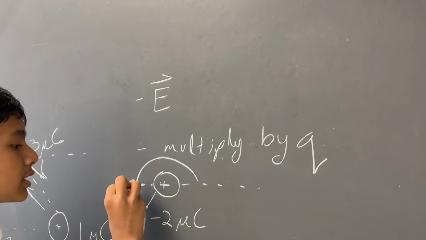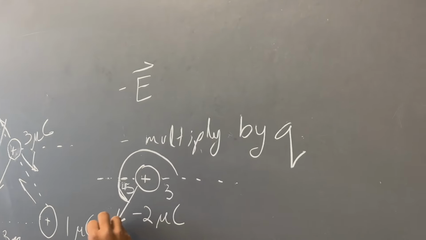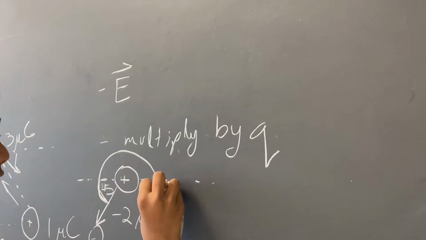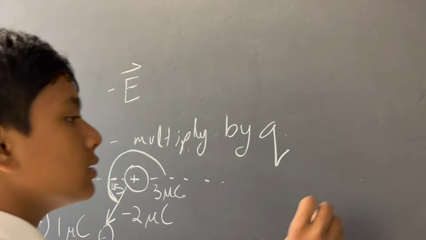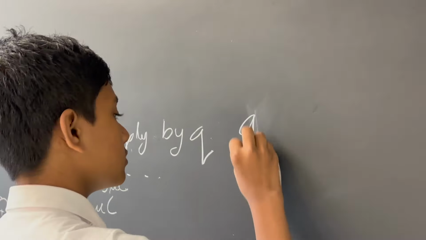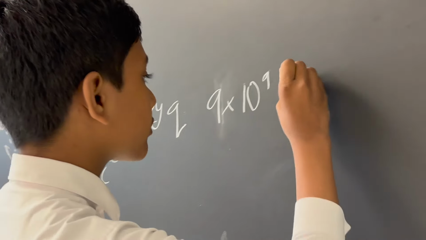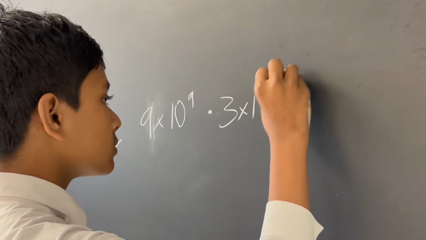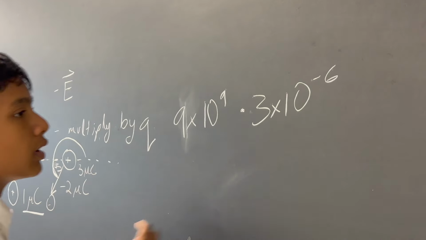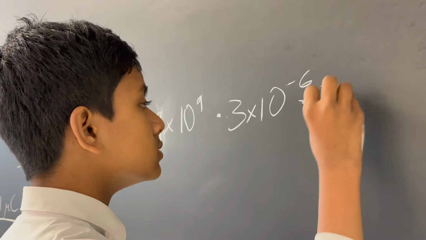So this is minus 2 microcoulombs, and this is 3 microcoulombs. So what's the actual force? Well, it's k, whose value is 9 times 10 to the 9, times the charge of one of them, 3 microcoulombs, times the charge of the other one, 2 microcoulombs. And we only use absolute values here. We figure out the direction on our own.